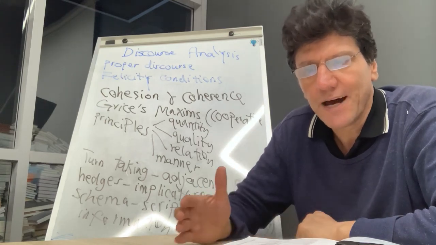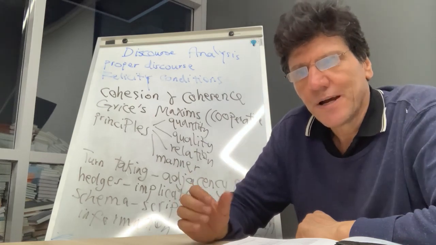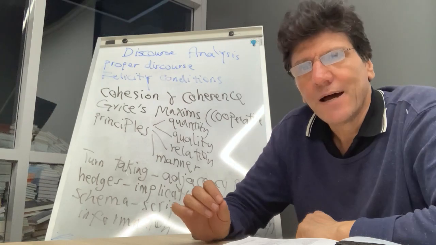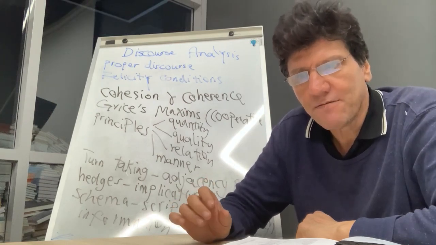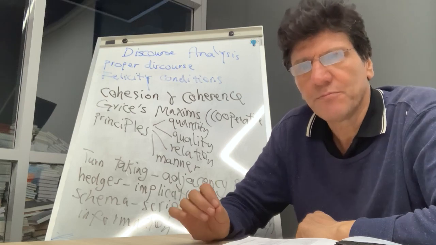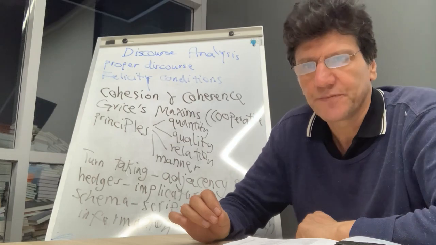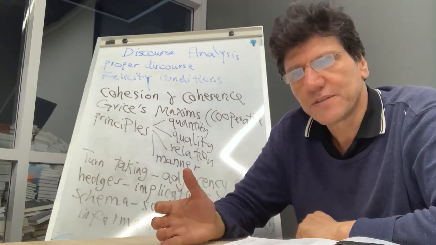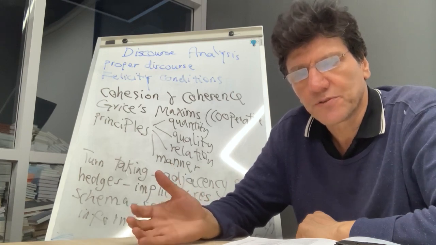I'm not focusing on that today. I postpone it to the following discussions. However, today's discussion focuses on the components or the conditions of proper, appropriate, meaningful, successful discourse or successful communication. I provide you with the components and the conditions, and I supply you with the definitions and some examples.